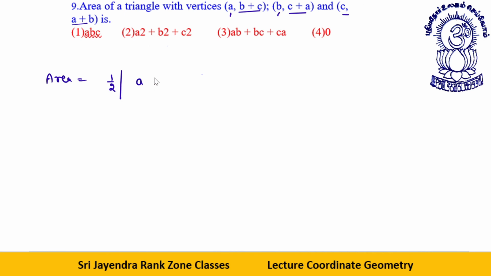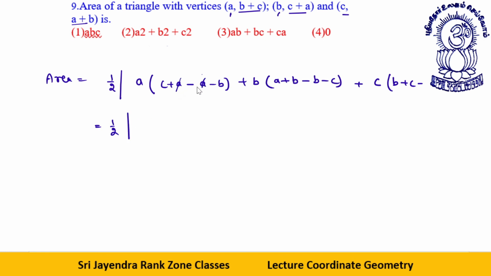Take x1, a, that is now, what will happen? y2 minus y3, minus a minus b, plus b I take common, then y3 minus y1, then x3 in the bracket y1 minus y2, modulus close. So this is half.